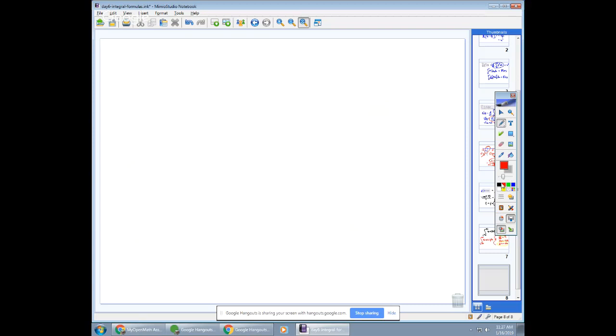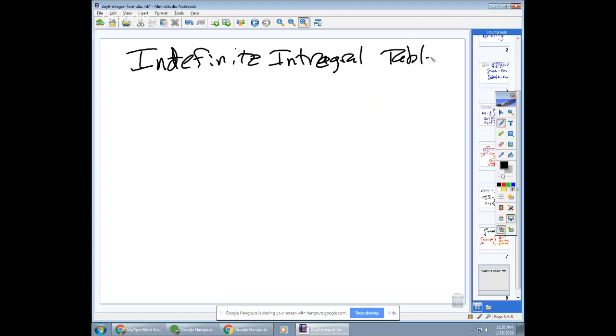The types of things we're going to call here are what are called indefinite integrals. So we're going to build a partial indefinite integral table by thinking about antiderivatives.